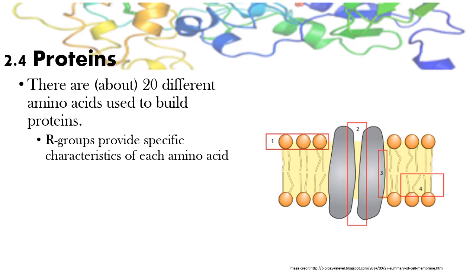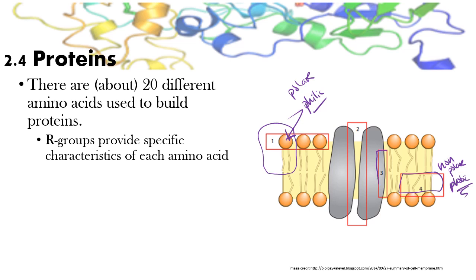Good. Remember that this whole thing is called a phospholipid. The head part, the phosphate heads, are hydrophilic. They're quite polar. The tails are fatty acids. They are non-polar. They are hydrophobic.